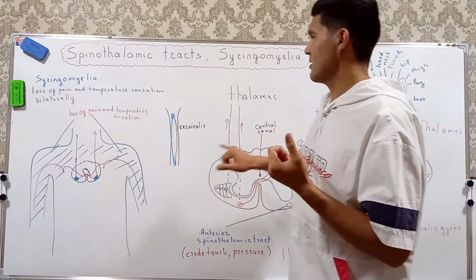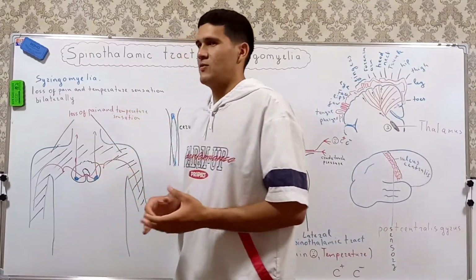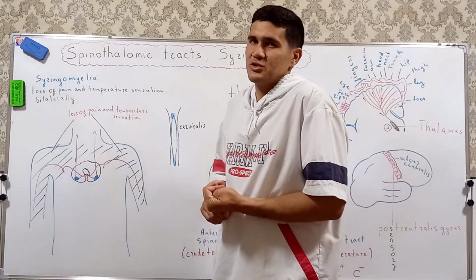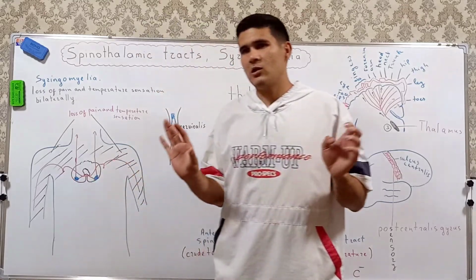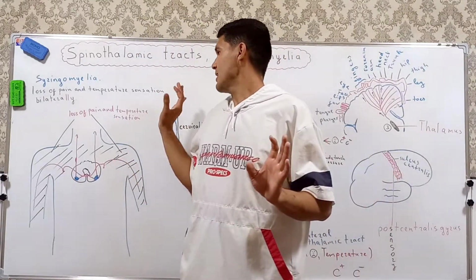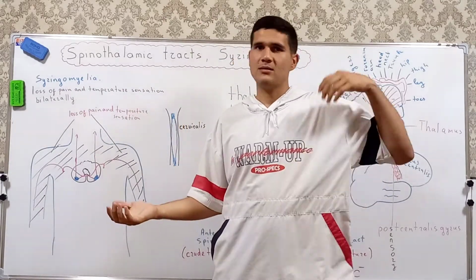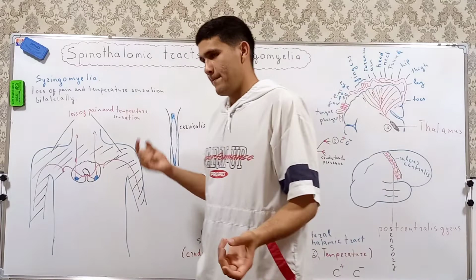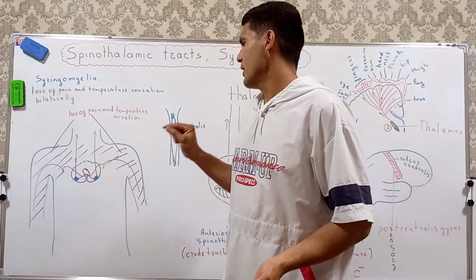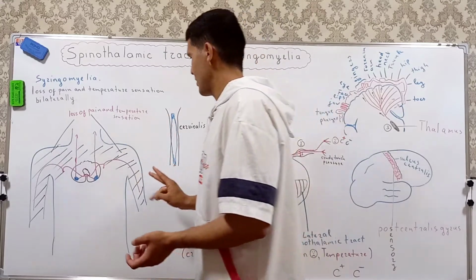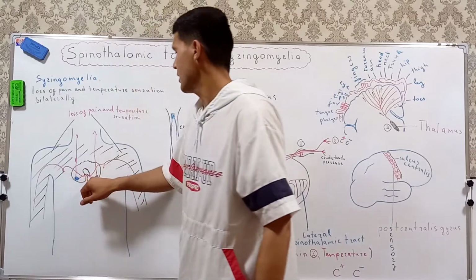Central canal enlargement can impair the conduction of pain and temperature information, and the patient suffers from loss of temperature and pain sensation bilaterally, on the right side and on the left side. There is a point: one of the main reasons for the bilateral lesion is that the fibers cross in the anterior commissure.